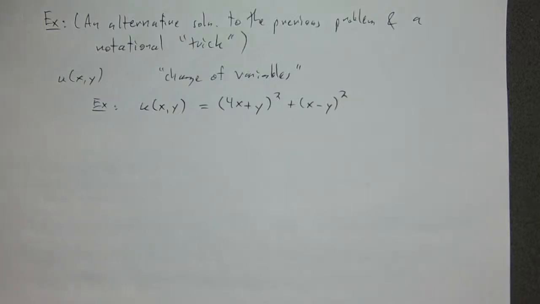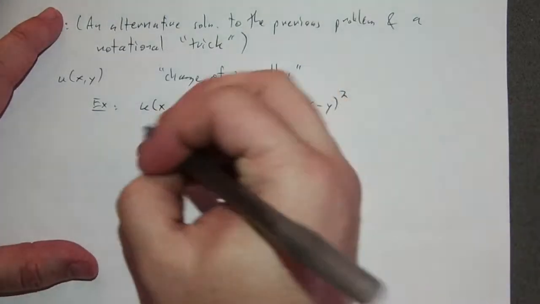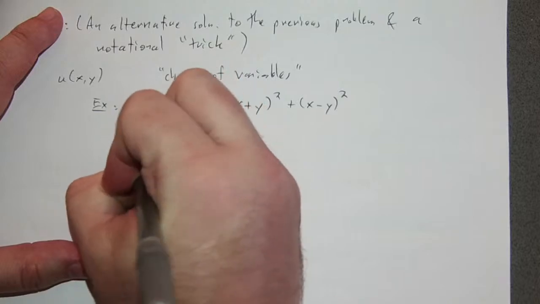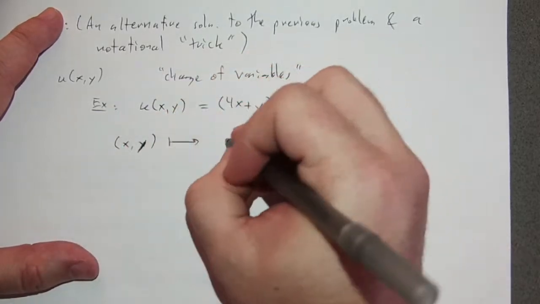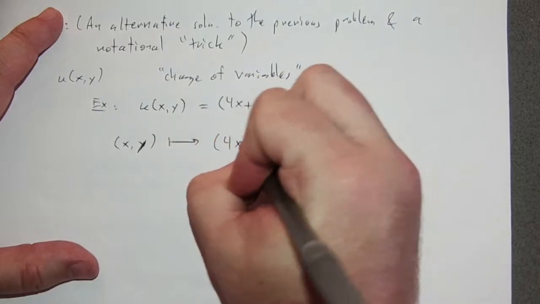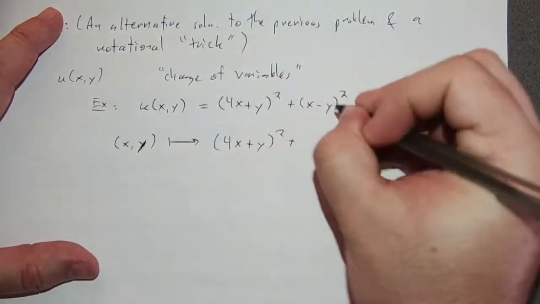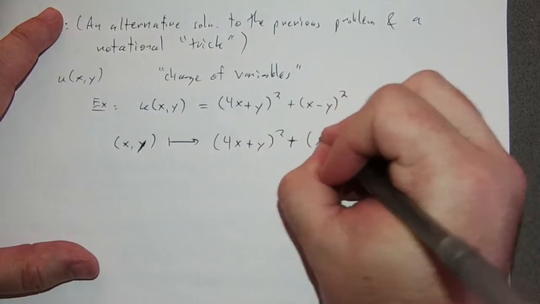So that's kind of our idea here. The way, of course, that we think about this is we say that (x, y) gets sent to (4x + y)² + (x − y)².